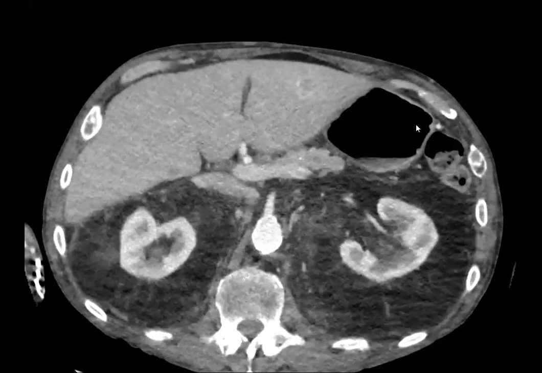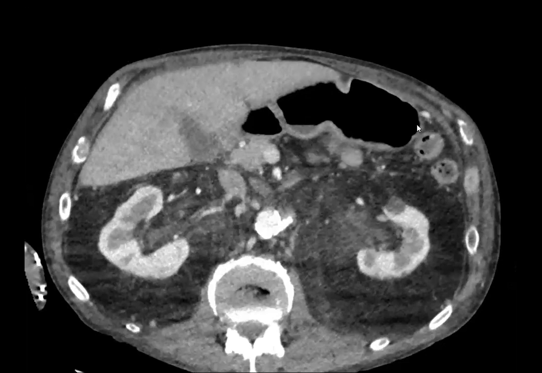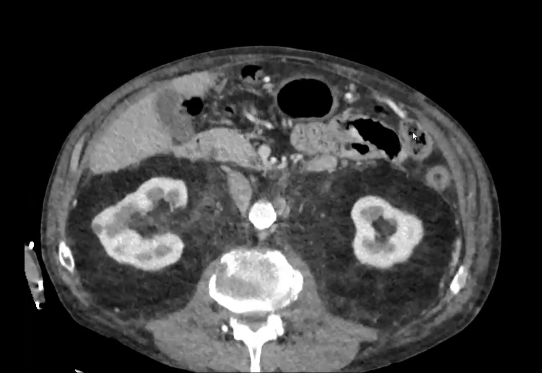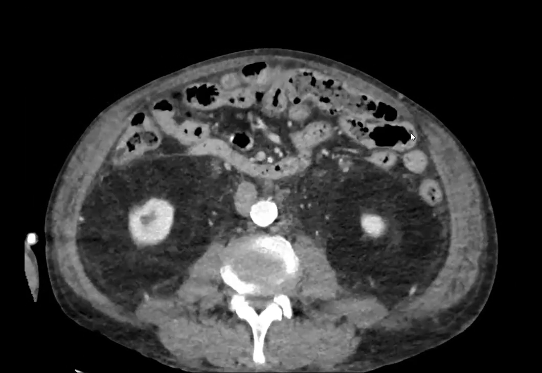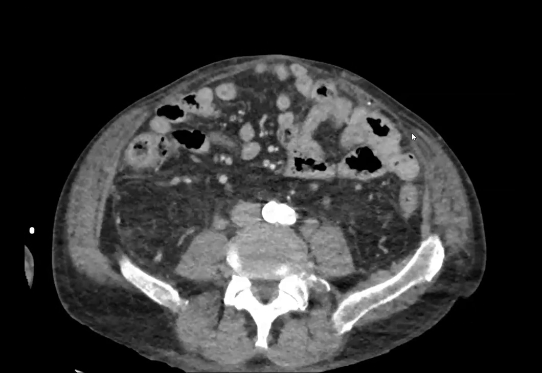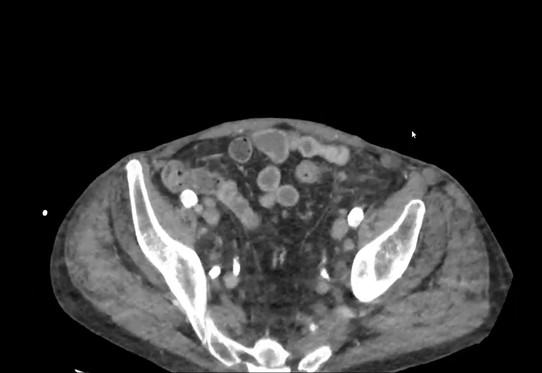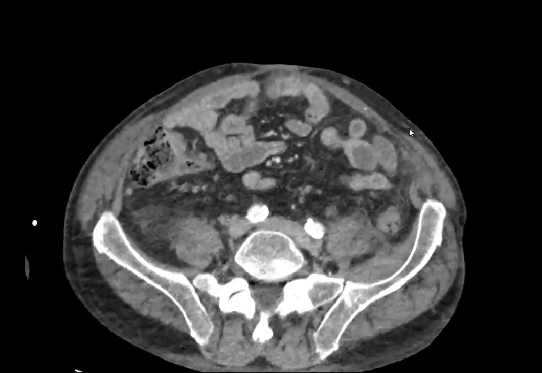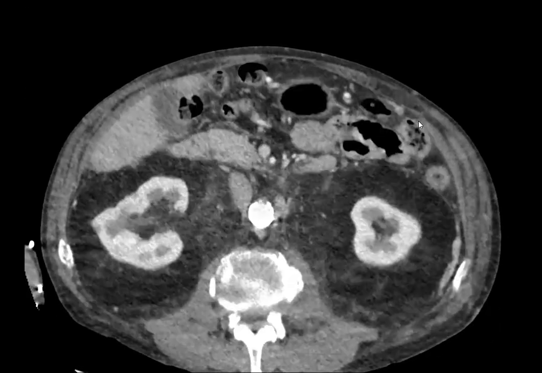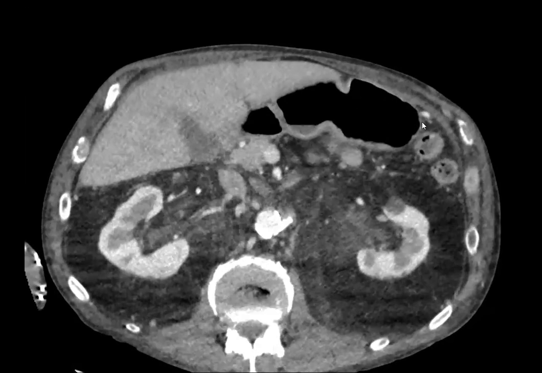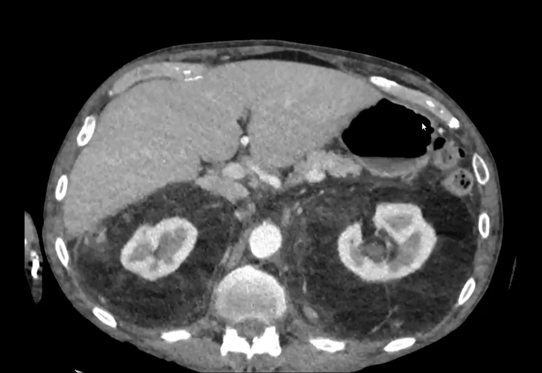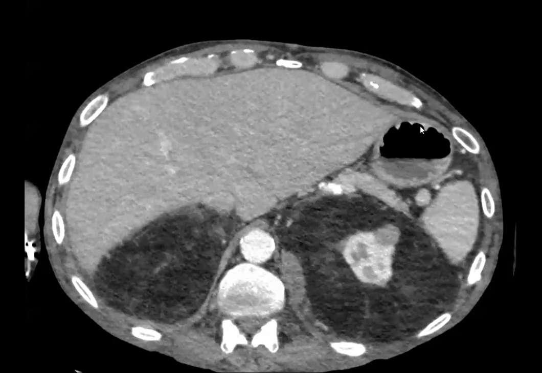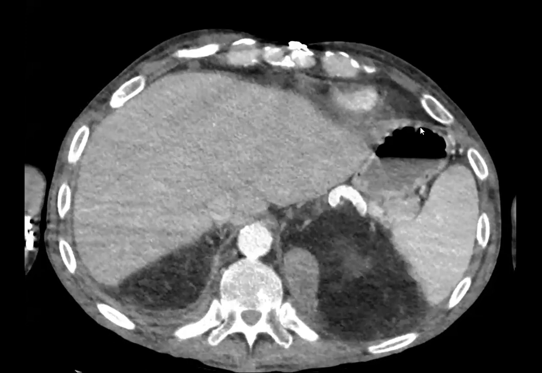Okay, so I'm scrolling through and you can let me know if you have any observations. I think the main findings, let's see if there's anything else down here. No, the main findings are in the area of the kidneys and here in the upper abdomen.